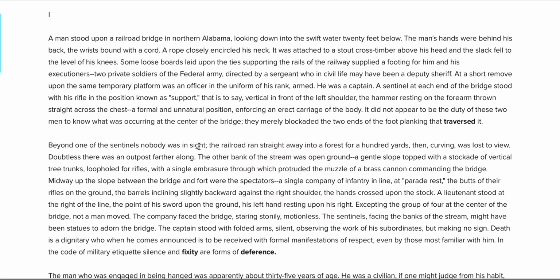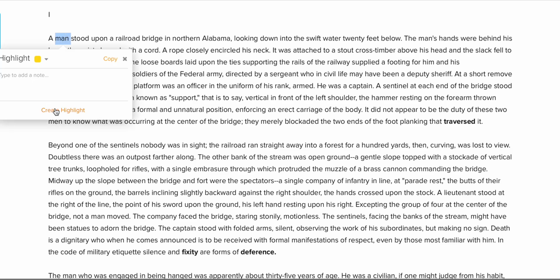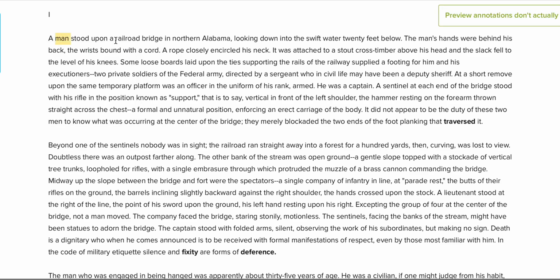there is a scene of a man standing upon a railroad bridge in Alabama, looking down into the water, and this man's position shows that he's going to be executed on this bridge.